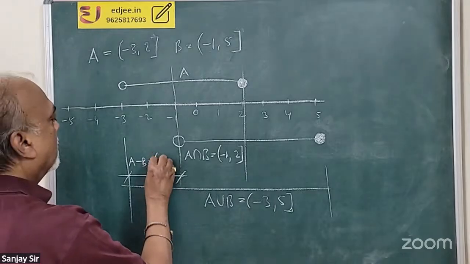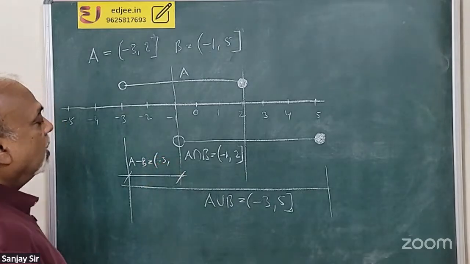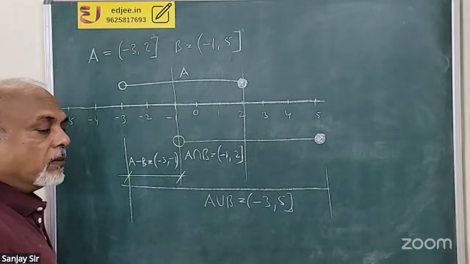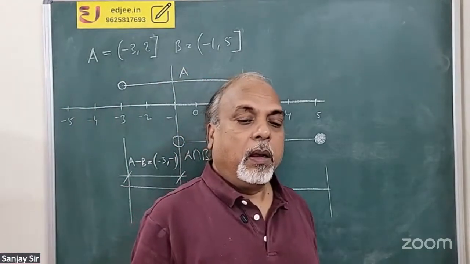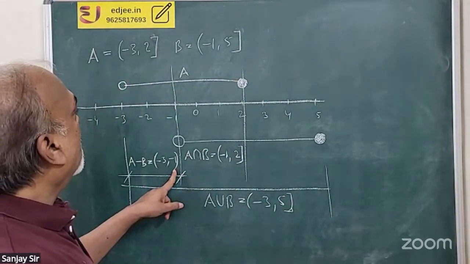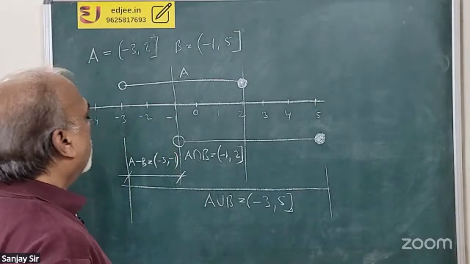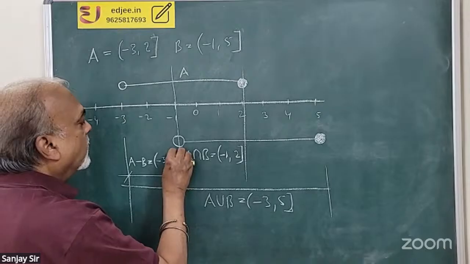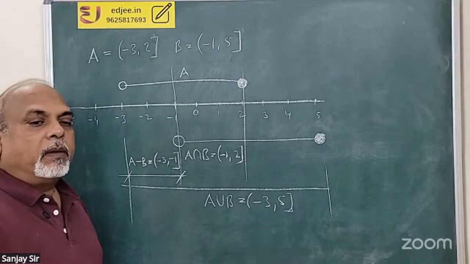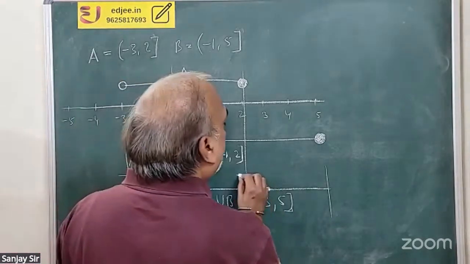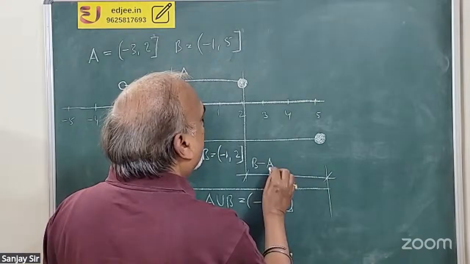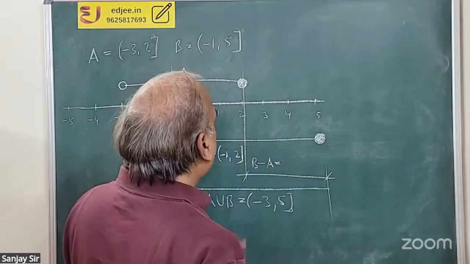What is this interval? -3 and -1, but -1, just see, yes, -1 is included in A. So it is A minus B, so it will be closed at -1... correct. What about B minus A? B minus A. And what is this?